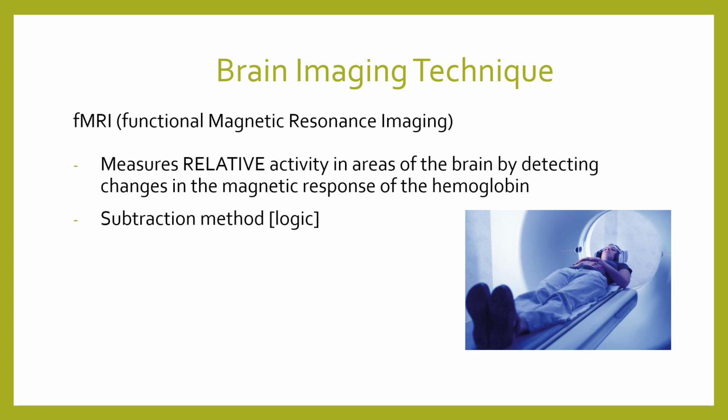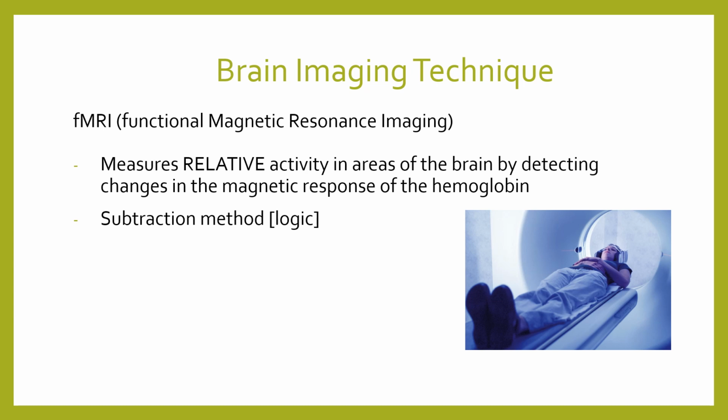This subtraction method has a certain logic to it: here's my experimental task, and here's my control task. They're subtracting out the brain activity of this control task. And you can always ask, was this a good control task? Because otherwise we're just looking at brain activity, and there's brain activity all over the brain all the time to all kinds of things.